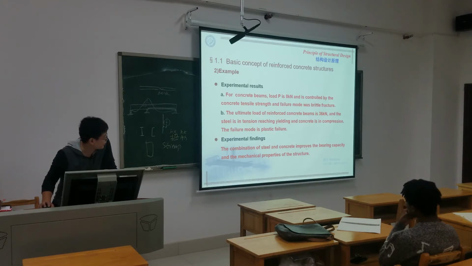So why can the combination of the steel and the concrete improve the bearing capacity? The force improved nearly 5 times. For the plain concrete, it's determined by the concrete tensile strength.